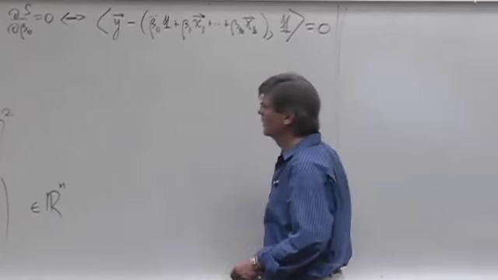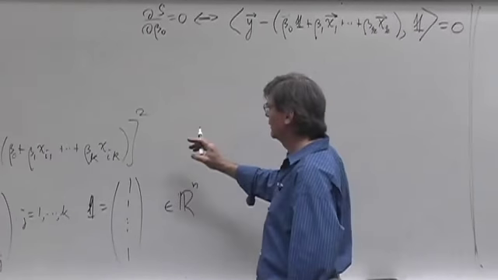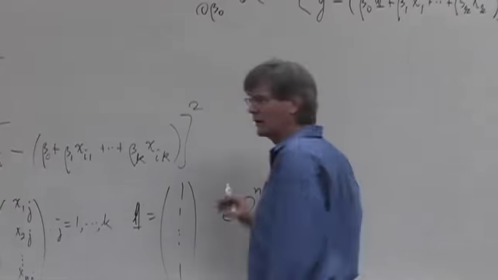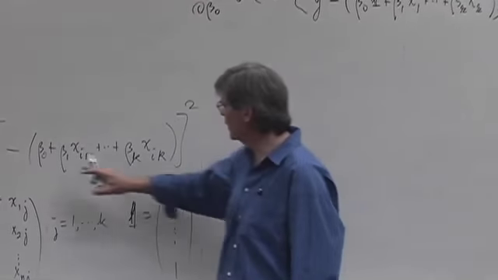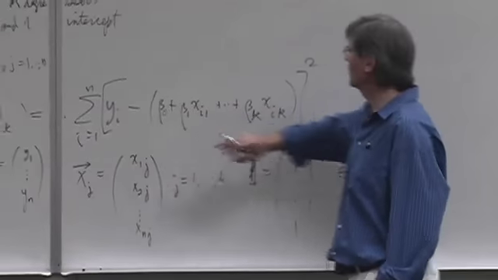Let's see. The 2 is going to come down, and there's going to be a minus sign from the derivative. Those are kind of innocuous. Okay? And then I'm going to differentiate the parentheses with respect to beta 0. That's only going to give me a minus 1. That's going to be a 1 each time.